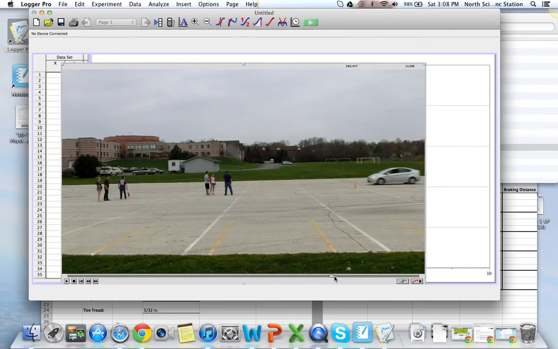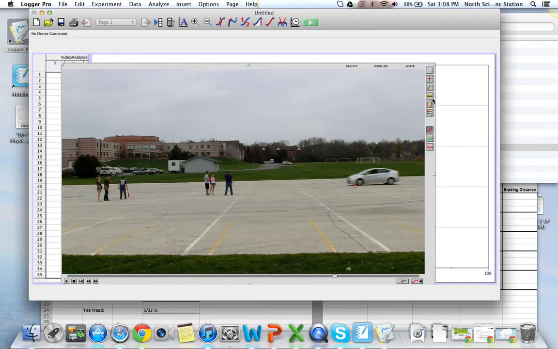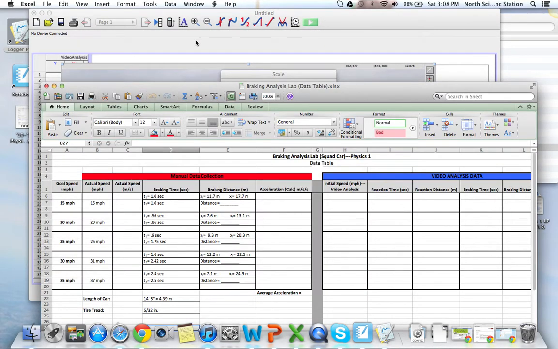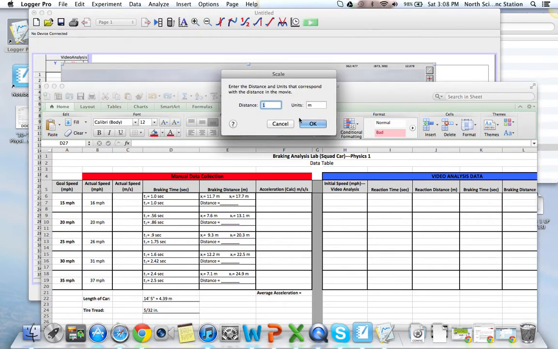So what I worked on here was getting to the car directly where it would be hitting the cone, give or take. Then the first thing I did was take my vehicle and put in my length. The length of my vehicle, according to my spreadsheet, was 4.39 meters.